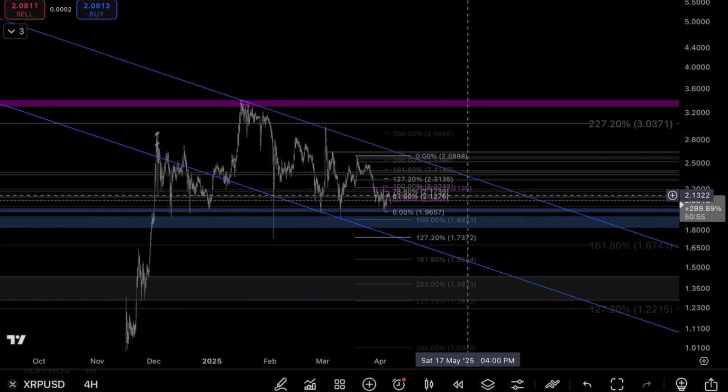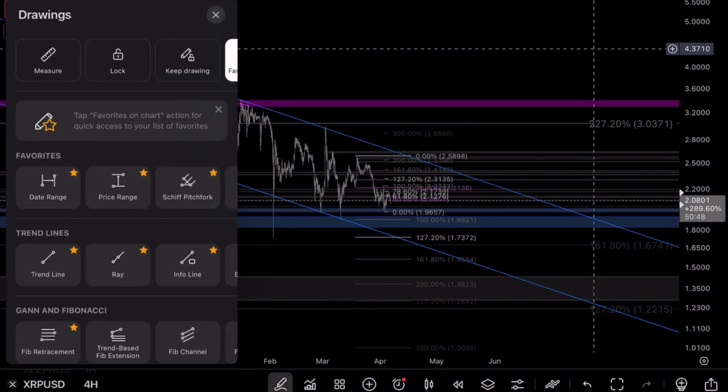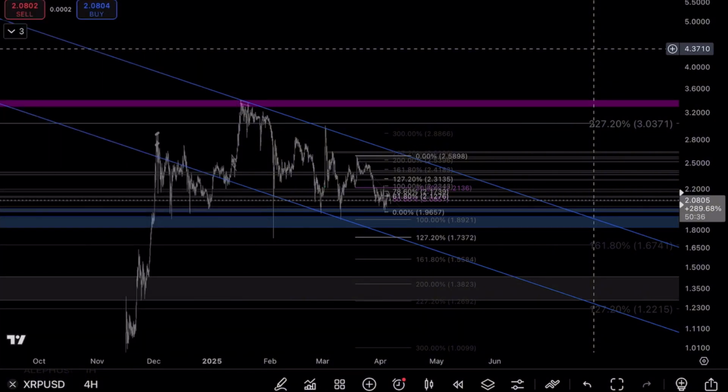The way I do that is you go to the little pencil. I have it saved up here in my favorites bar, but basically you go to where it says parallel channel, and you create the parallel channel from there.